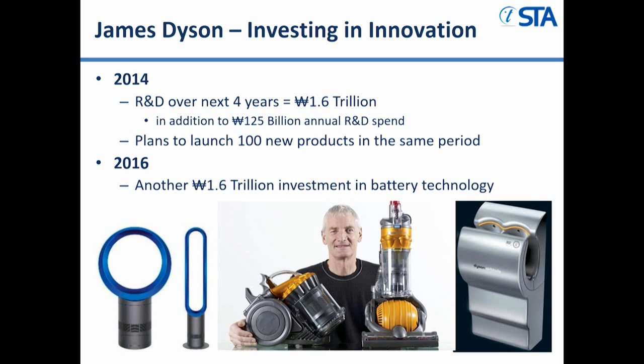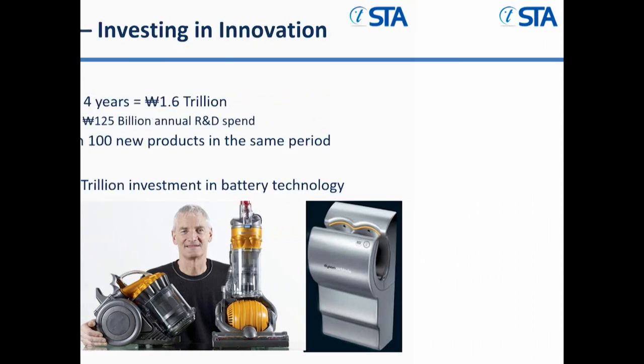This year, they've recognised technology is still accelerating, so they're going to put even more money into R&D. Another 1.6 trillion won invested in battery technology, as they see that as where they're going to be. Hopefully, from their perspective, that will allow them to survive. I believe most businesses are going to have to follow a very similar model if they're to survive. They're going to have to go into R&D and innovate their way to survival.